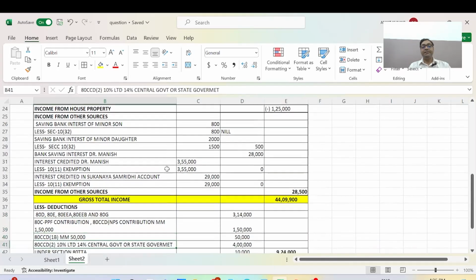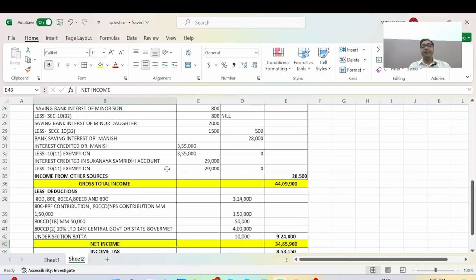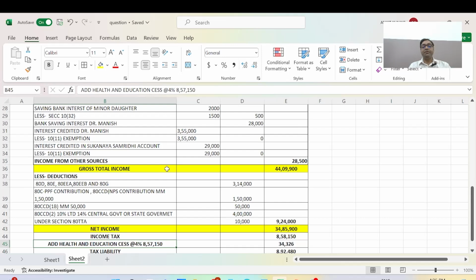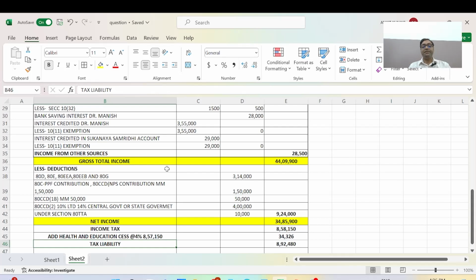Less deduction is 9 lakh 24,000. Net income is 34 lakh 85,900, and the income tax on the old tax slab is 8 lakh 58,000. Add health and education cess at 4%, which is 34,326, and our tax liability is 8 lakh 92,480.